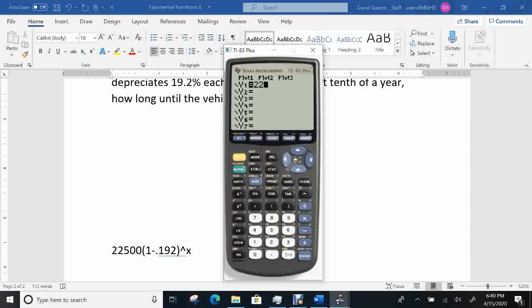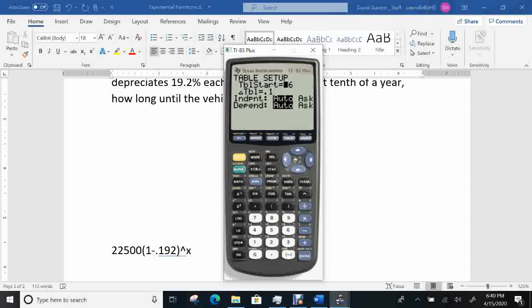Now, if you're going to be using the online calculator, you cannot use the numbers at the top of your keyboard. You have to use either the keypad or use the arrow to key in your formula, which is what I'm trying to do right here. And then to the X. Now, I don't want it to go by tenths just yet.